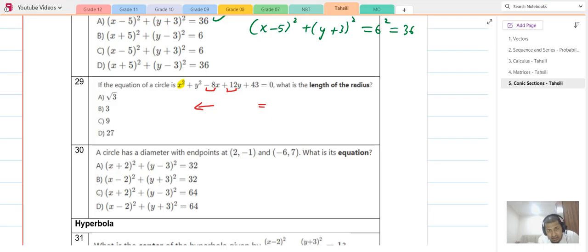So if you take the 43 over, you're going to get -43, plus you take this -8 and you divide it by 2 and you square it, plus you take the 12 and divide by 2 and you square it. And that's what r squared is. So r squared is equal to -43 plus 16, right?